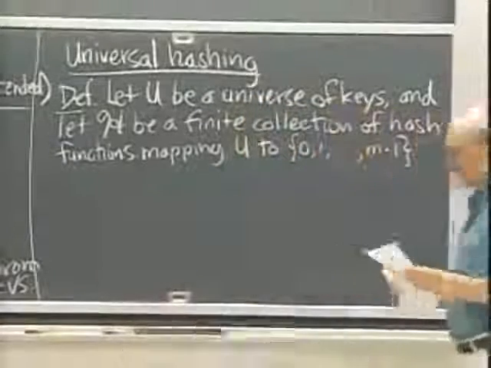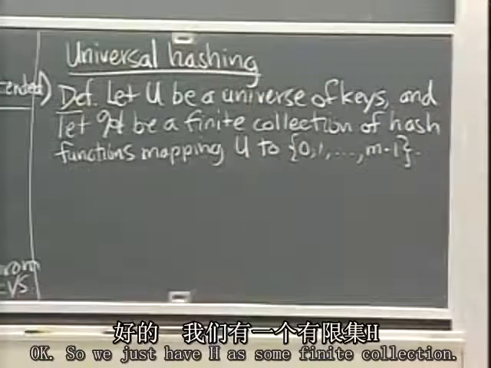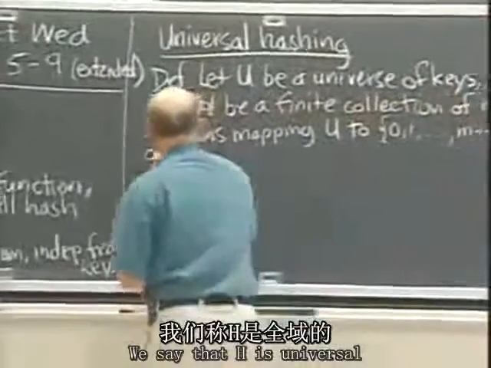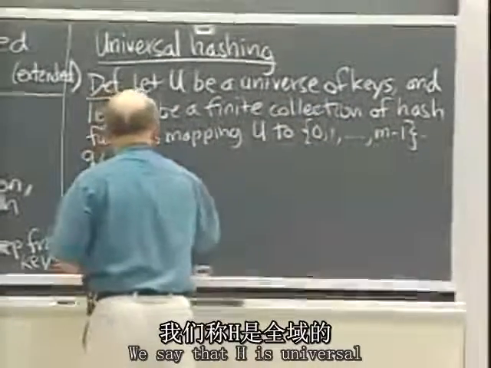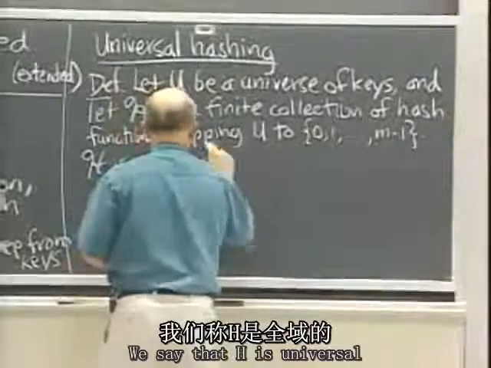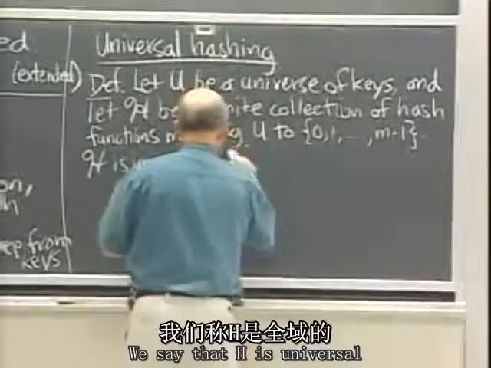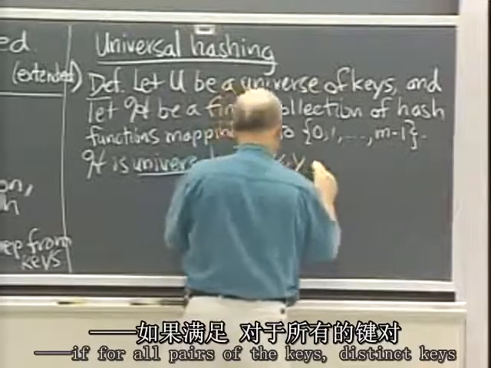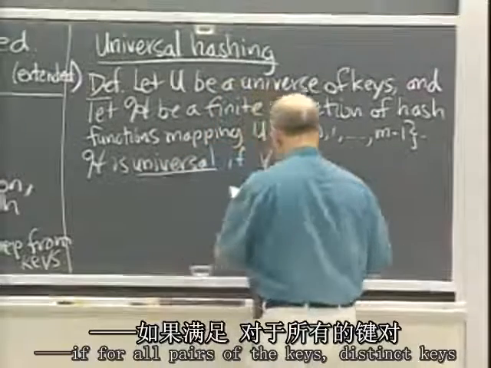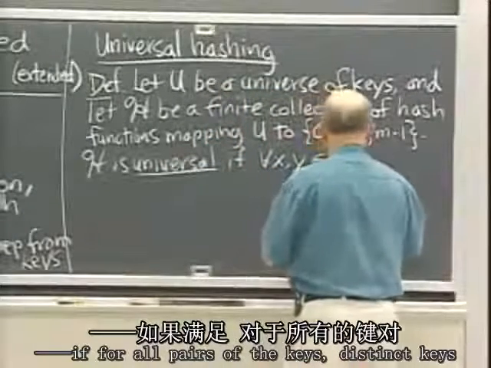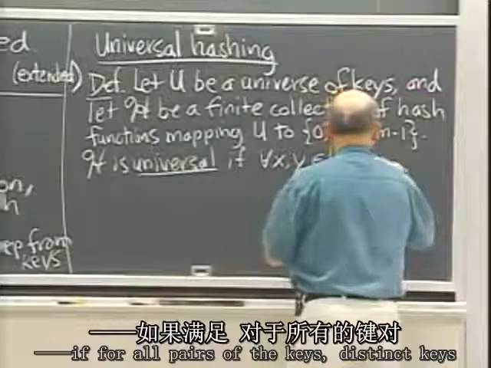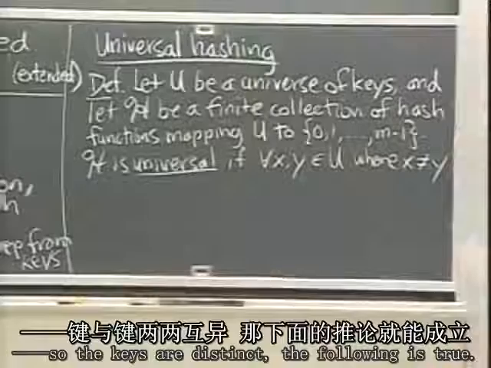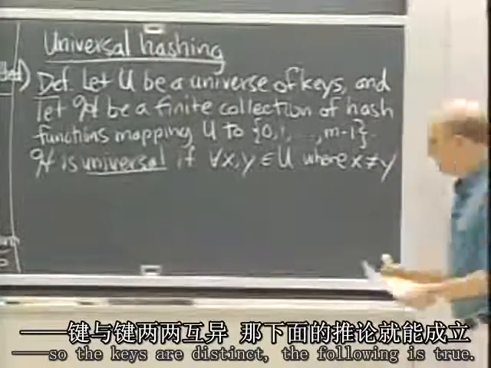So we just have H is some finite collection. And we say that H is universal if for all pairs of distinct keys, the following is true.